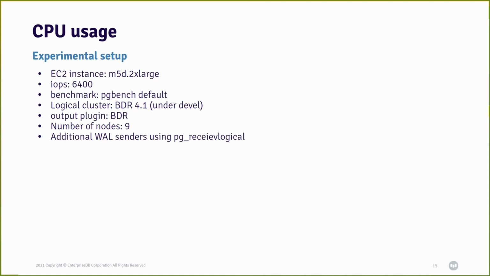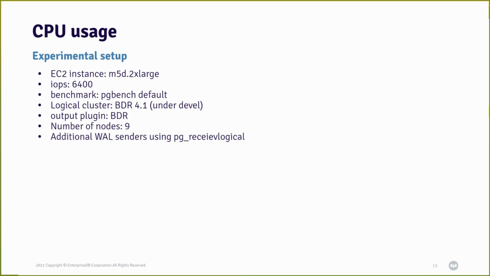And we measured the CPU usage on the node where the load was running. This technology was originally meant to support hundreds of WAL senders. So in order to test hundreds of WAL senders, we introduced additional WAL senders using pg_receivewal.